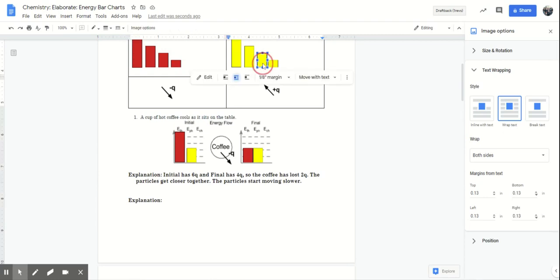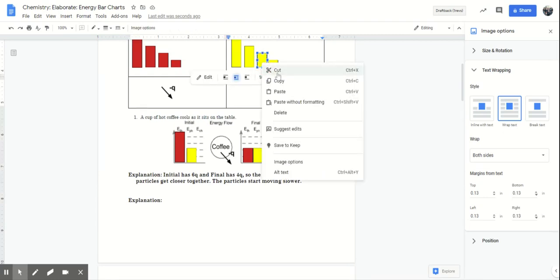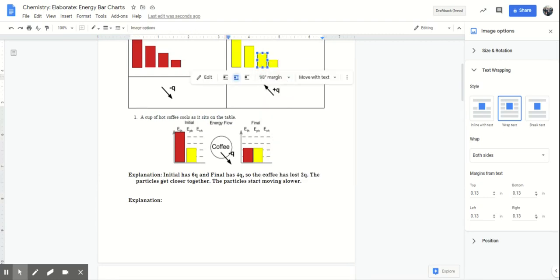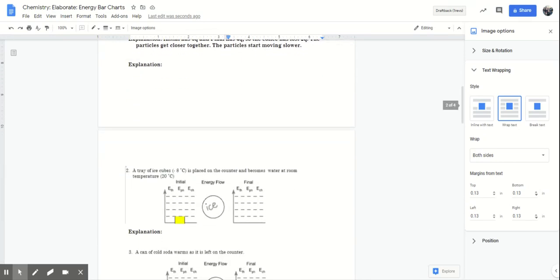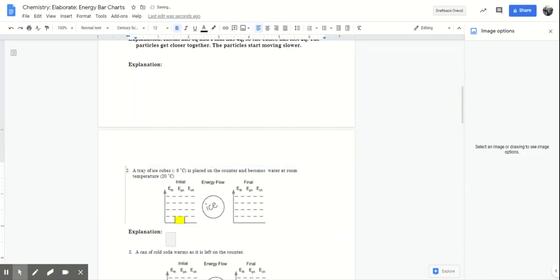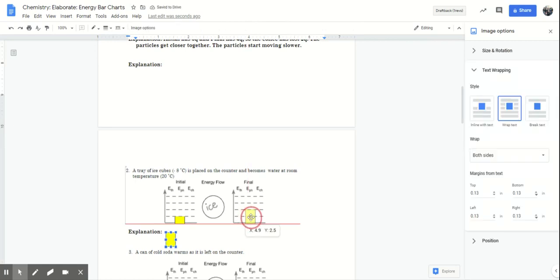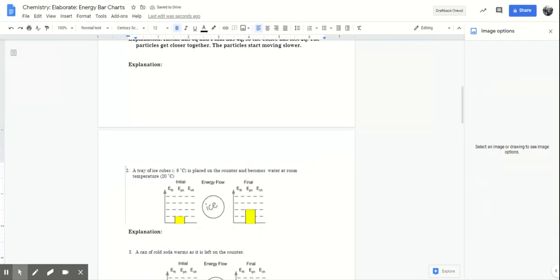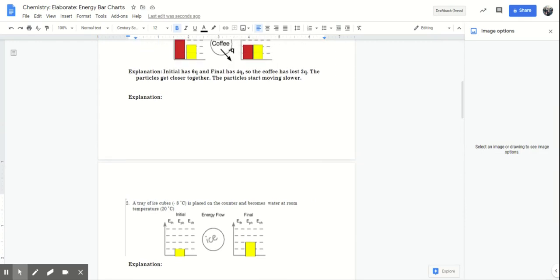So my liquid is 2 bars, remember? So I'm going to copy. I'm going to paste it down here. Okay. And then I have ice, which is -8, goes to room temperature.